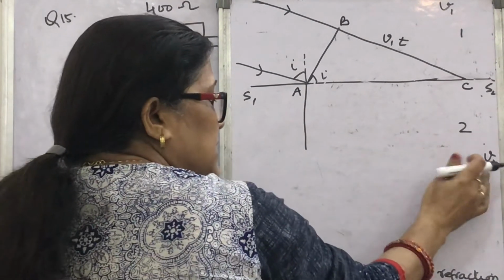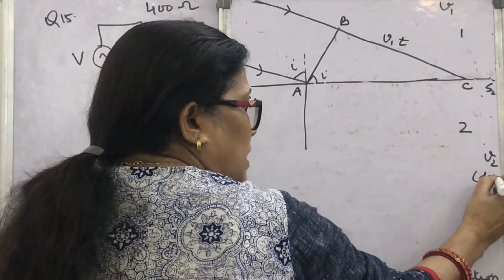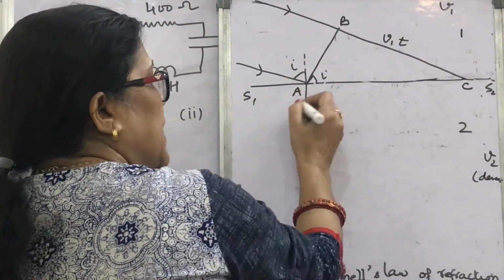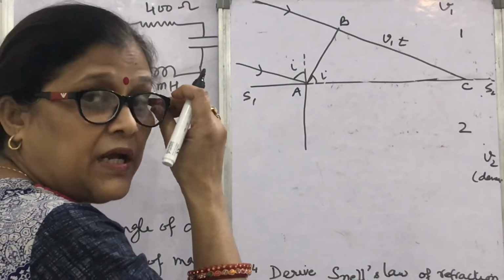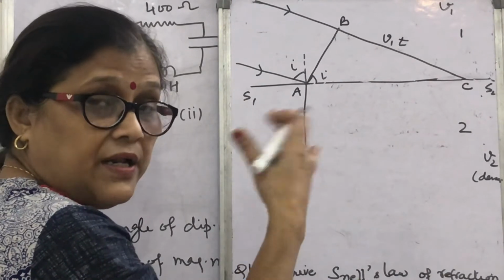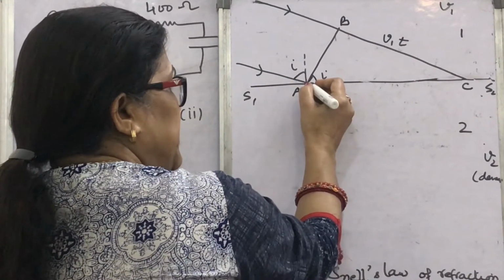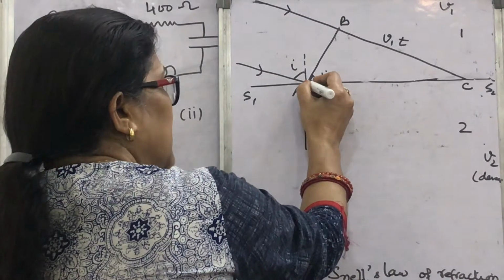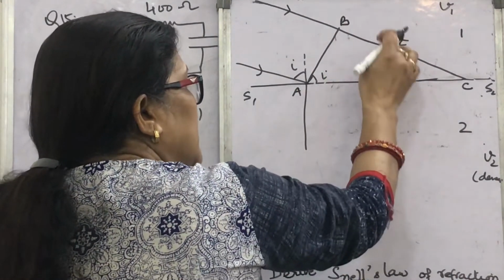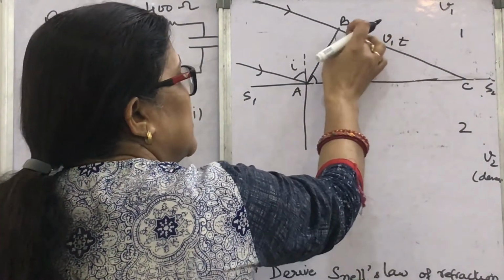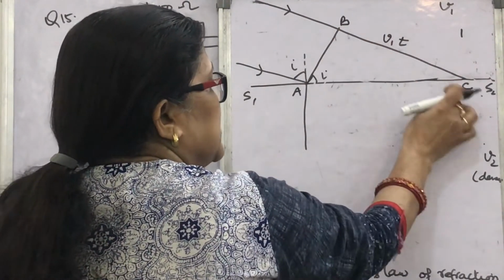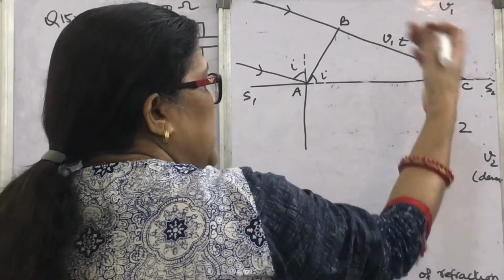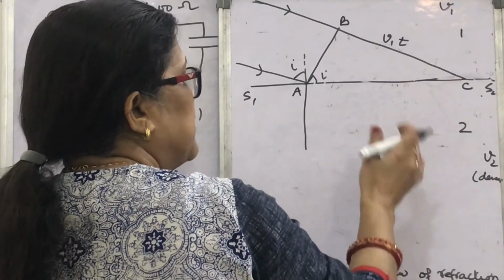Let V2 be the denser medium. What happens? In the denser medium, we know the velocity of the light decreases. Bending occurs due to speed change. So look here, the time in which this ray covers the distance from B to C, that is V1t, in that time, what happens?